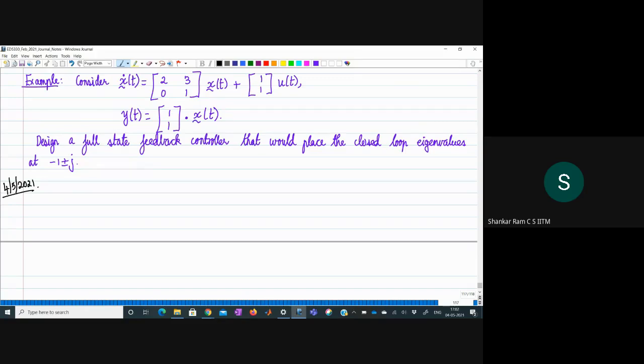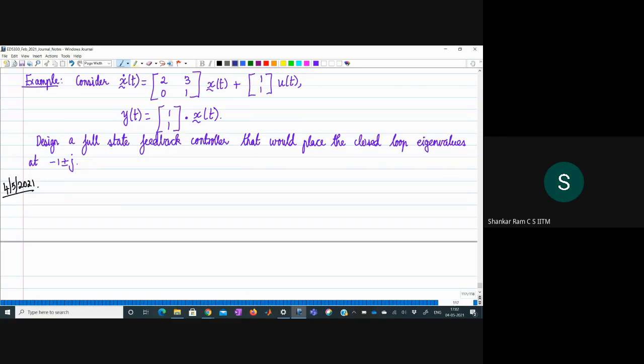We looked at yesterday, and we essentially formed the closed loop state matrix by considering the closed loop dynamics. And we need to ensure that the eigenvalues of the closed loop state matrix are placed at the appropriate locations. So let's continue from there.